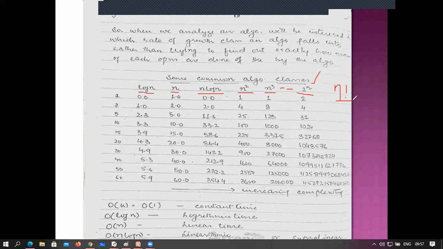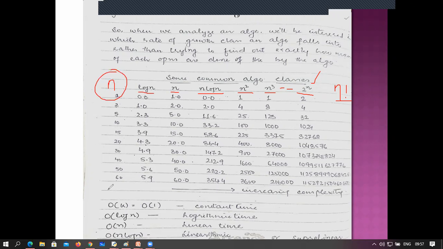Now I want to check which rate of growth class, out of all these classes, is having the minimum or the maximum complexity. Or if someone is asking you which one of these two is having more complexity or which one is having less, from this table you can find that out. So what is this?